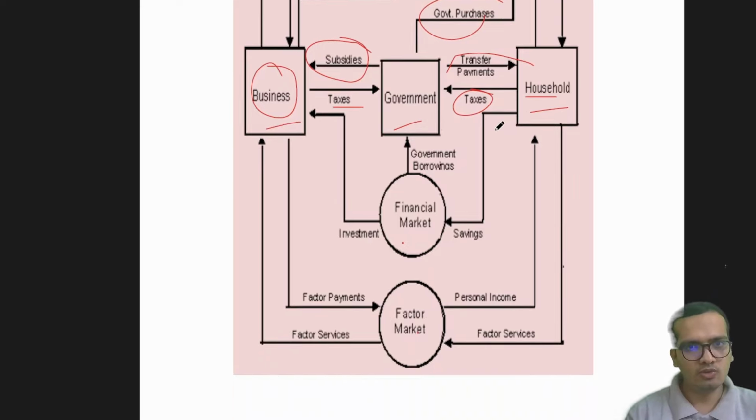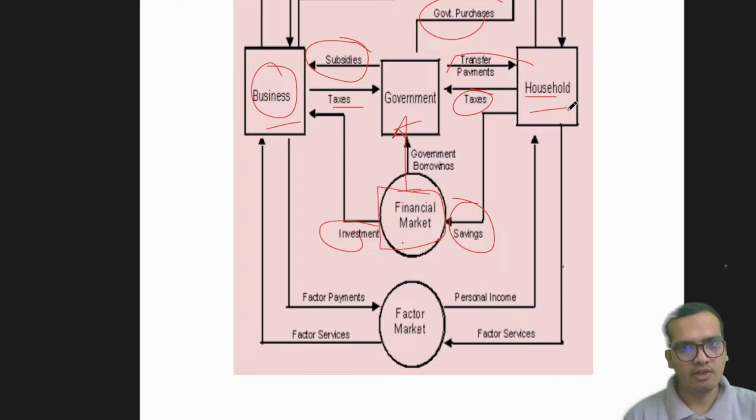Similarly, on the downside, we have the financial market, where household savings are turned into investment through the financial market channel. Here also government borrowings are done, meaning the government depends on the financial market. The factor payments made by businesses are converted into personal income of the households.